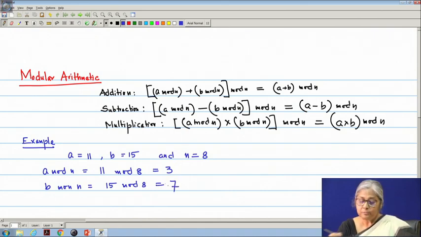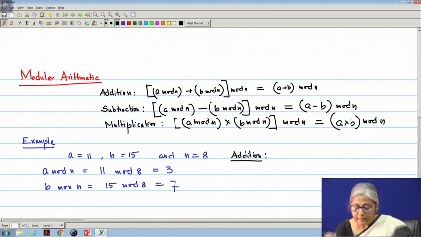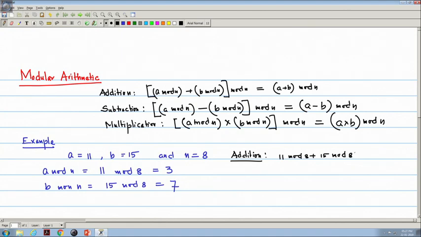Now, if we do the addition, then 11 modulo 8 plus 15 modulo 8, this modulo 8, that is my LHS, the left hand side.